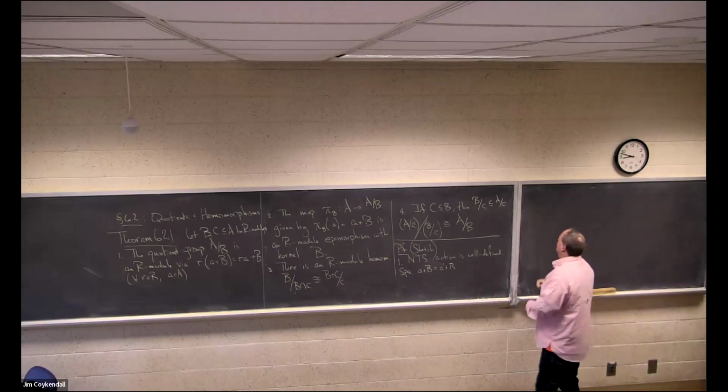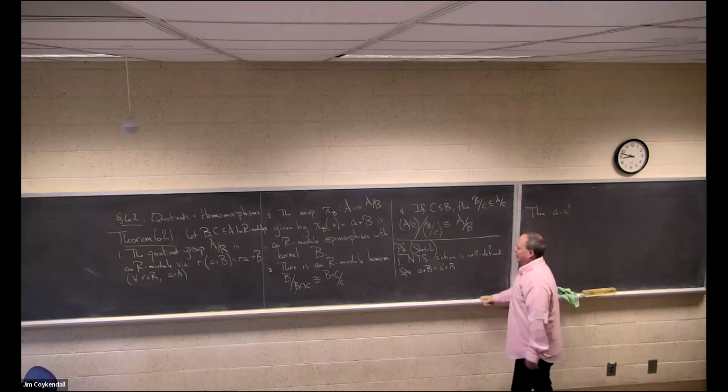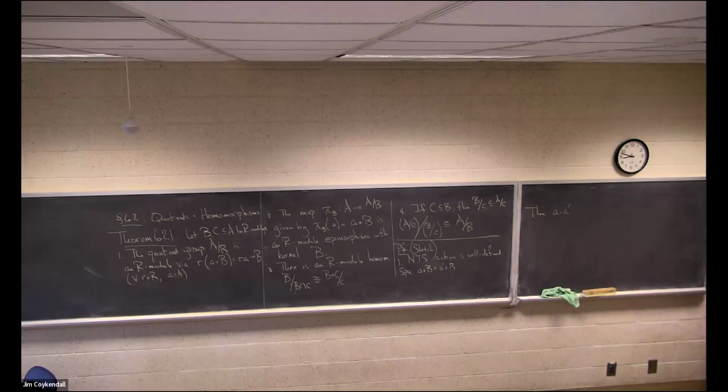What does this mean? If these cosets are the same, what does it mean about the difference between a and a prime? Right.